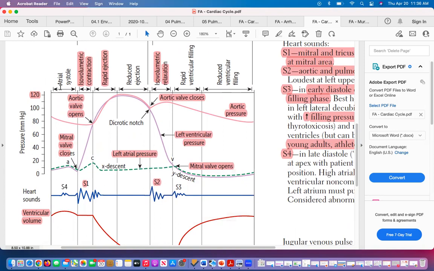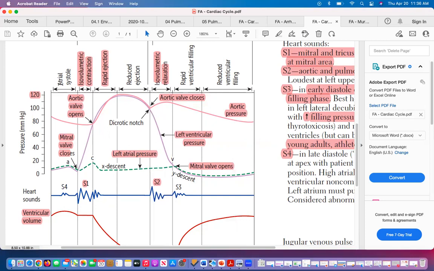In terms of the vessels, we have the aortic valve, which is a bicuspid valve, and we have the tricuspid valve, which is the pulmonary valve that we basically have. So let's look at what happens in the left side of the heart as we go through the systole and diastole.